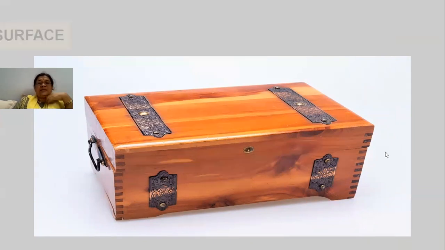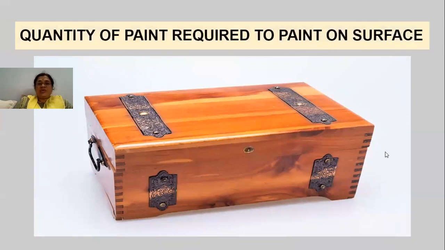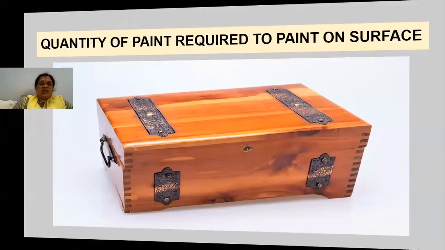And the quantity of paint required to paint the surface area, or the capacity of the box. For all these questions, we apply the mensuration concept, we apply the formula and find out the values for this.